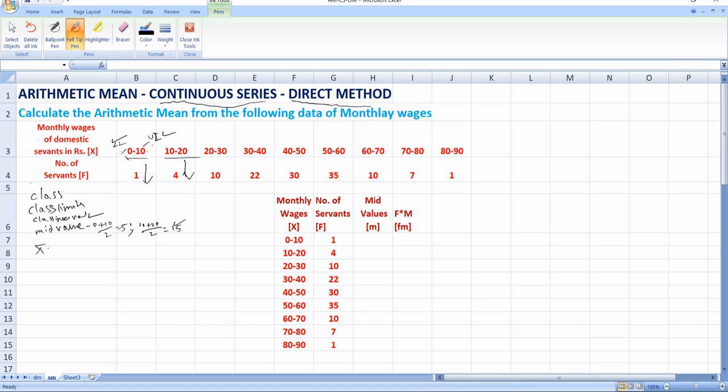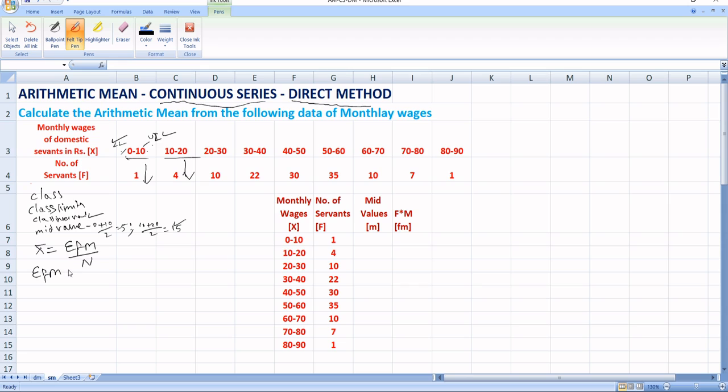Arithmetic mean is equal to summation fm by n. This is the formula. So what is summation fm?